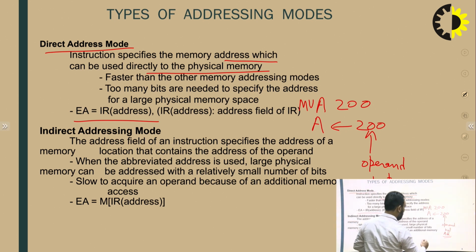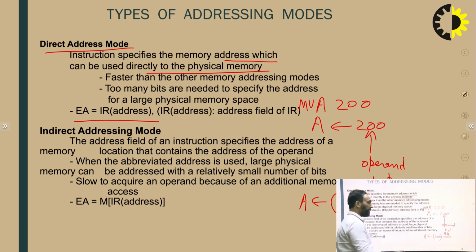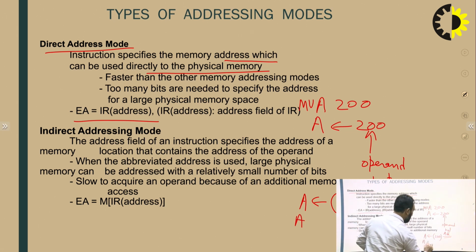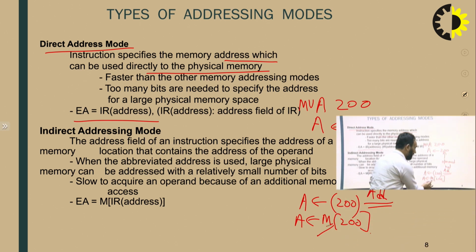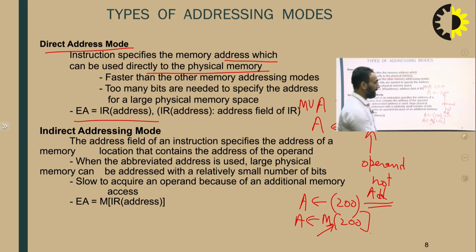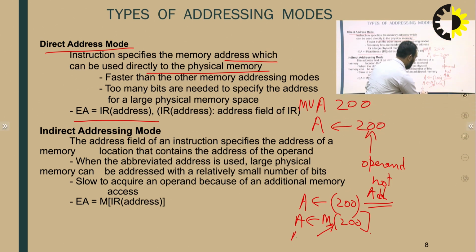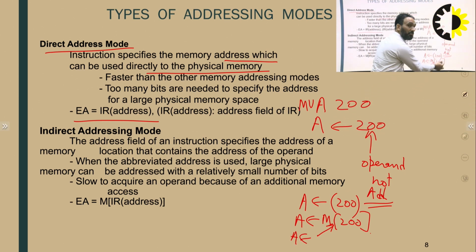And what is indirect addressing mode? If we talk about indirect addressing mode, the address will be defined like this. If we specify it in RTL, that represents M of 200. The pointer will move to the memory location 200, and the accumulator A stores the value that is stored at 200.